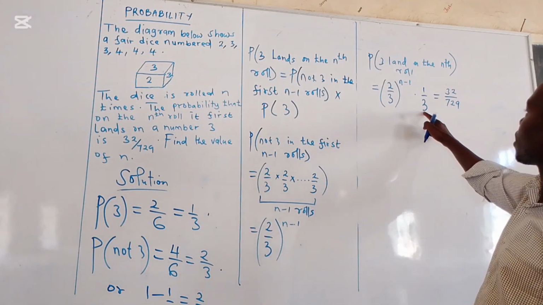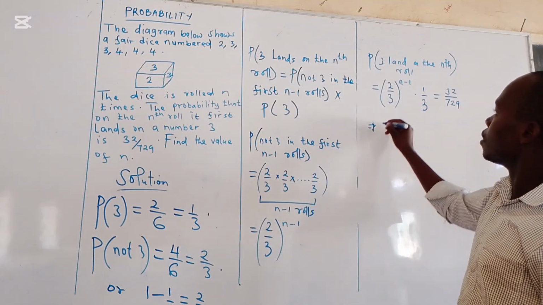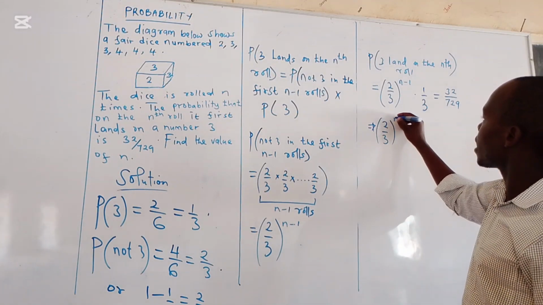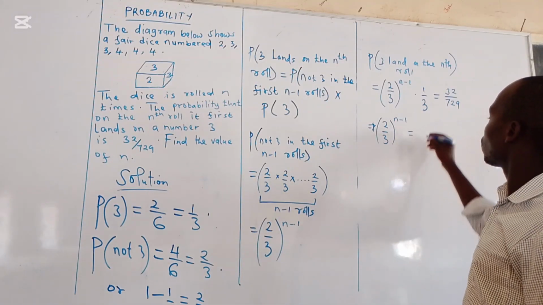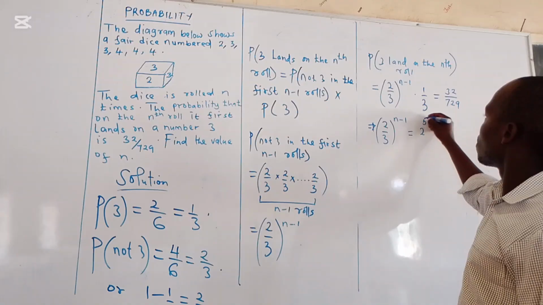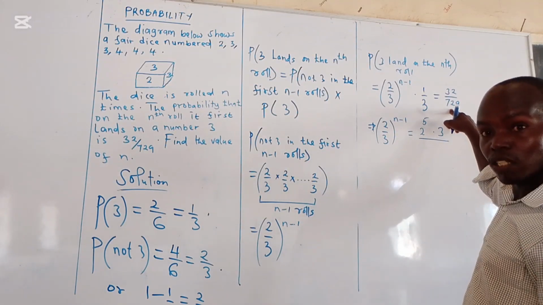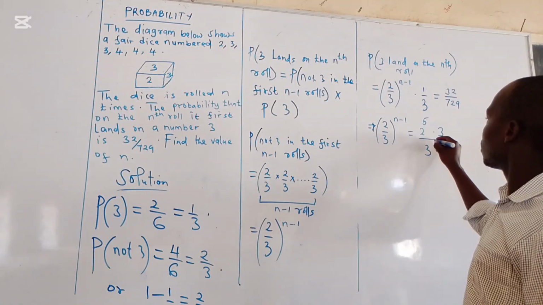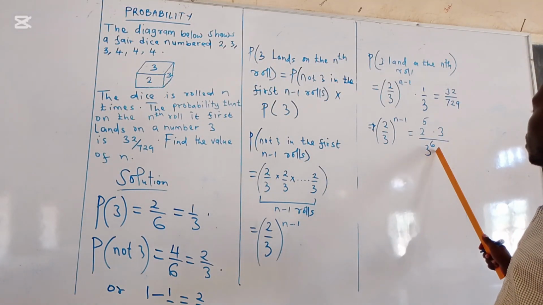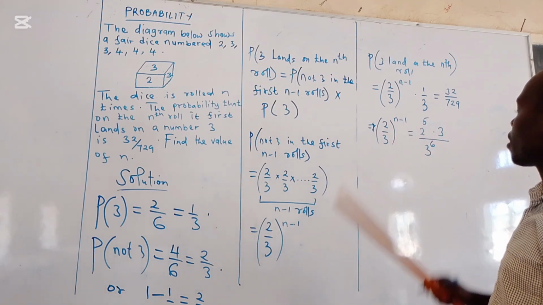Simplifying, we multiply by 3 on both sides. You will get 2 over 3 power of n minus 1 is equal to 32, which can be written in power form as 2 power 5, times 3, now over 729, which is the same as 3 power 6. So 3 divided by 3 power 6, of course, this 3 power 1 will leave 3 power 5 here.